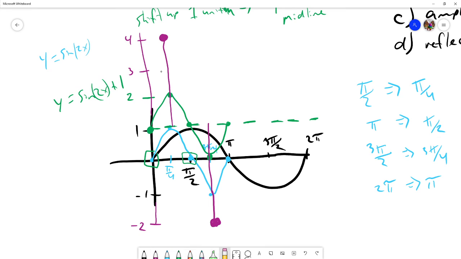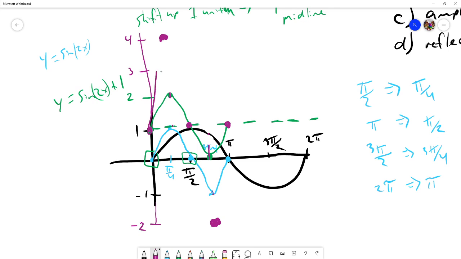Alright, so now I'm going to clean this up a little bit. We're going to get rid of this line here in the middle, just so we can see a little better what's going to happen. And let's fix this line. Alright, let's fix this point. So this point, and this point, these 3 points on the midline, they do not change because you did not go up or down at all from the midline.